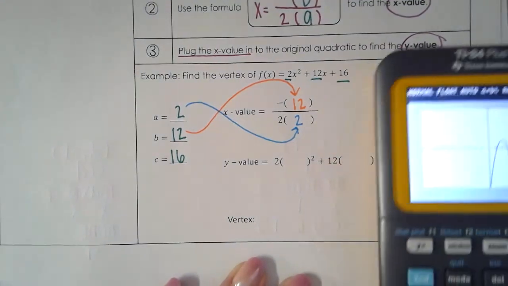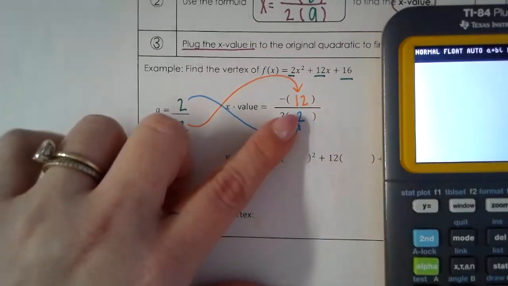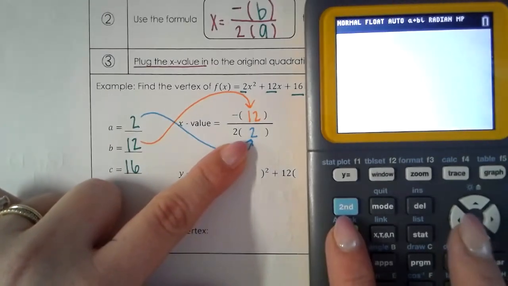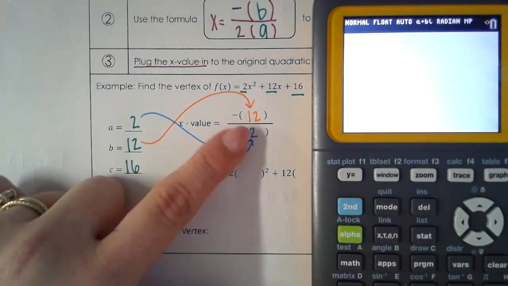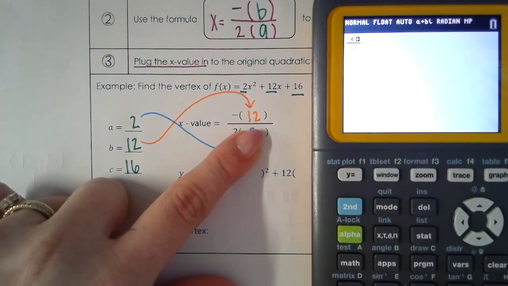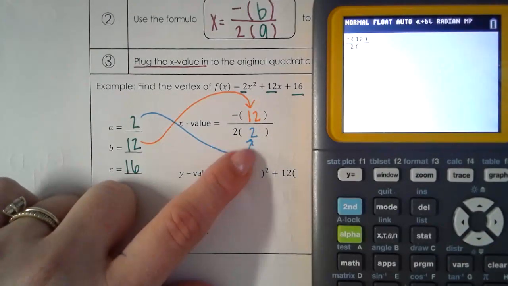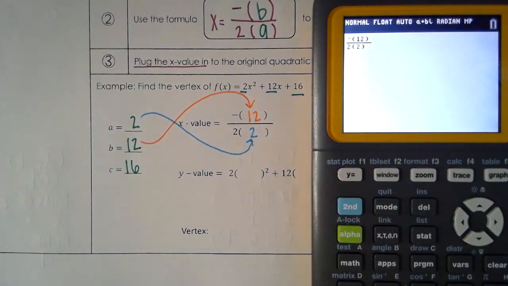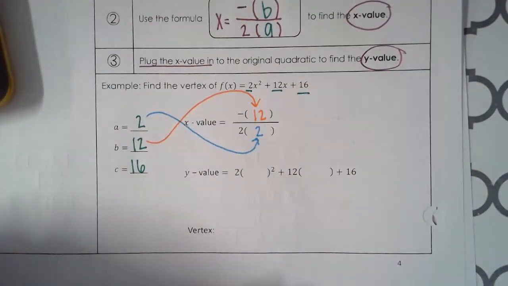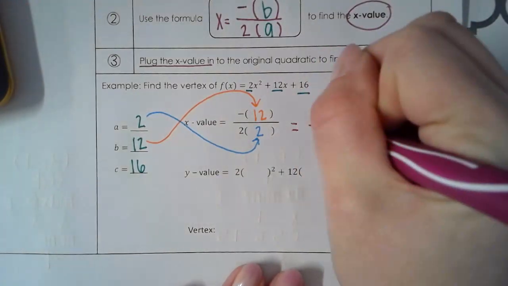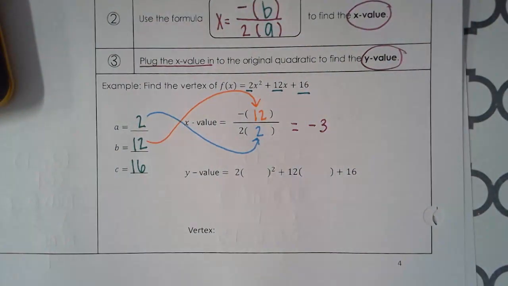I'm not going to pull up Desmos, but you'll do Desmos. But in the TIs, if we hit alpha y equals, hit enter, negative, and then in parentheses is 12, 2, and then my a is 2. And that gives us negative 3. So that means the x value of the vertex is negative 3.